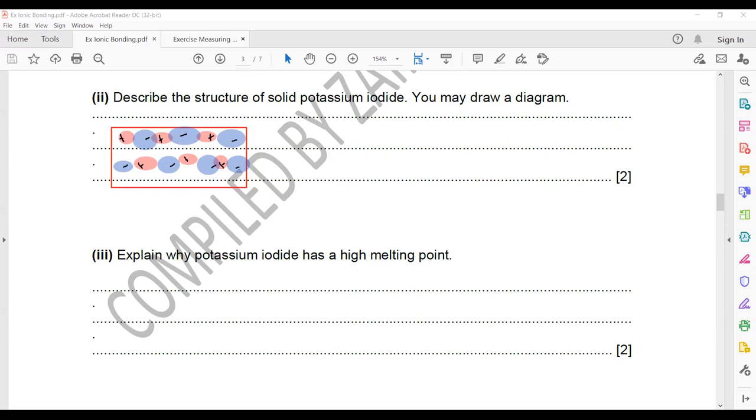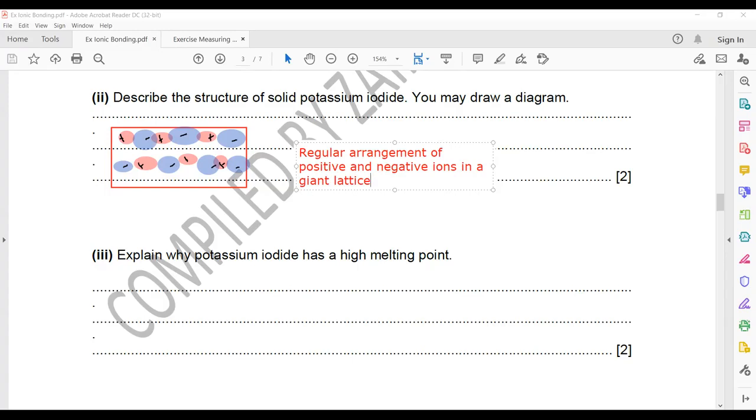So what is the mark distribution here? How will you score the marks? You will mention there is a regular arrangement of positive and negative ions in a giant lattice, because it's a very big structure.